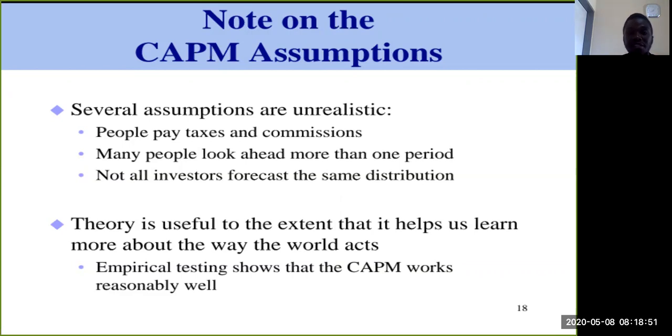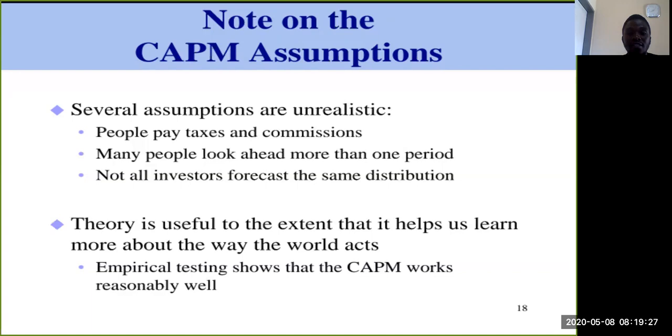The capital asset pricing model looks one period ahead, and that assumption is unrealistic, because when you're making a decision as an investor, sometimes you look at more periods ahead of you. For example, you might be looking at a period of 1 year, but you would also want to look at a period of 2, 3, 4 years from the time of an investment.